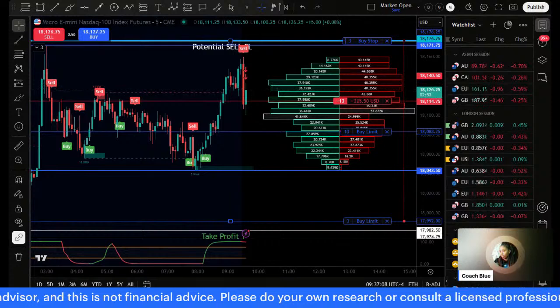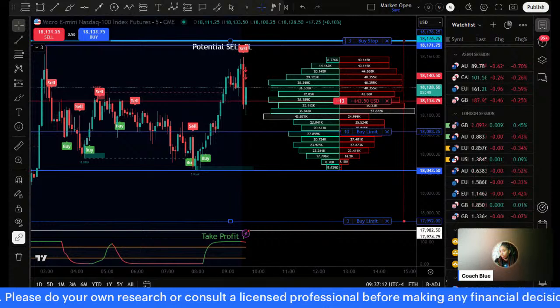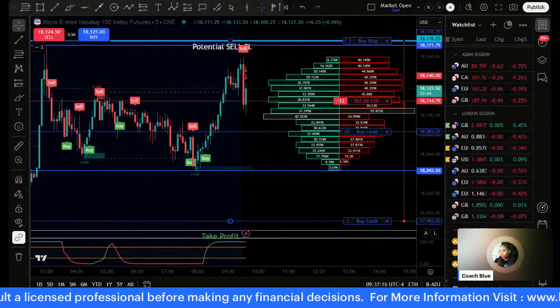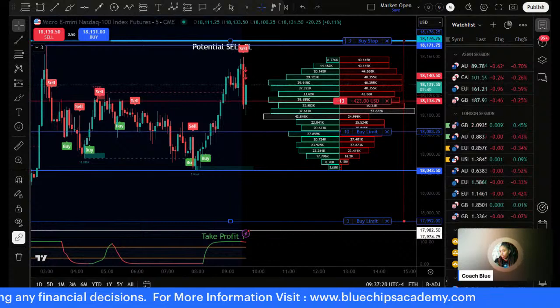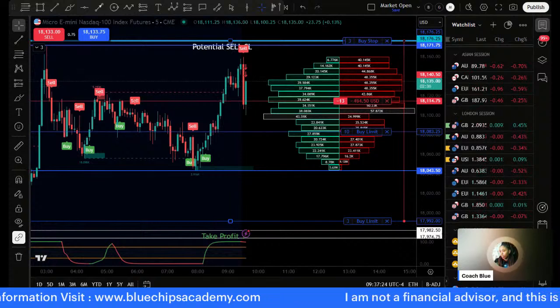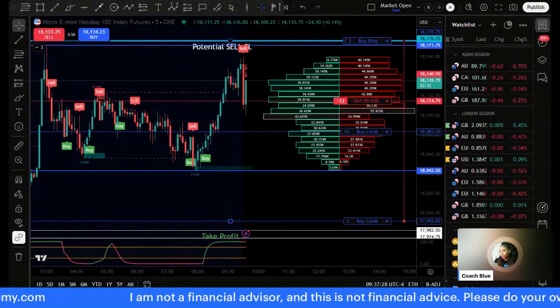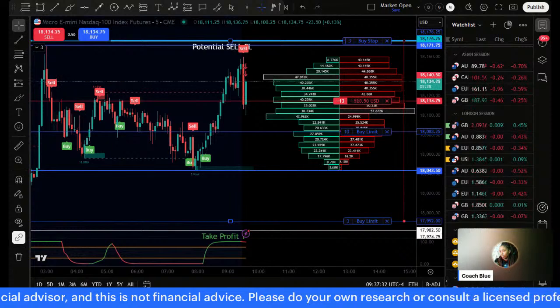The take profit, okay, TP1 is 18,083.25 to be exact. Okay, and then my TP2 is to be announced.